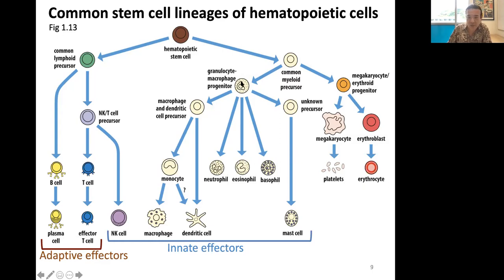So the leukocytes, the white blood cells, you can see here, they consist of things like macrophages, right, dendritic cells, and then these, what we call granulocytes, because they look under the microscope like they're having little specks inside of them. So these are things like neutrophils, eosinophils, basophils, and mast cells. And we will learn about the functions of all of these during the semester. Right? So these cells are all squarely in the innate effector side.